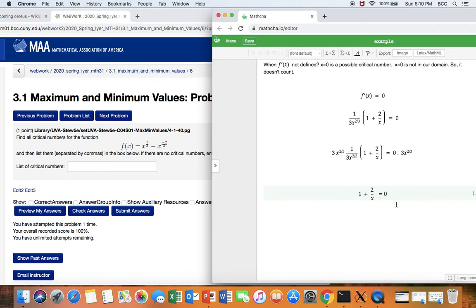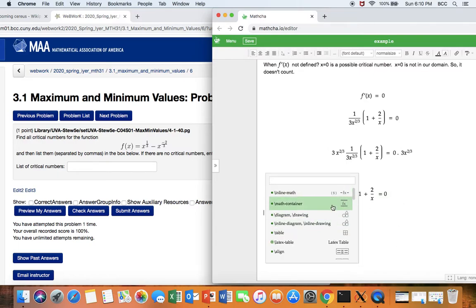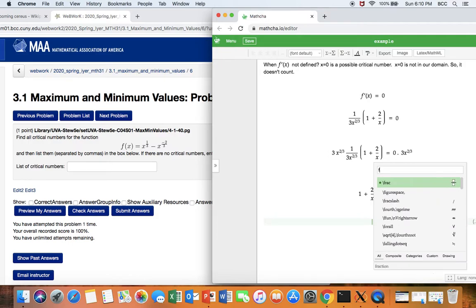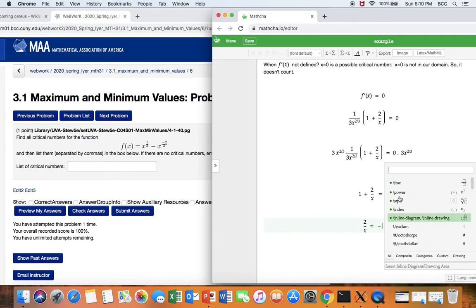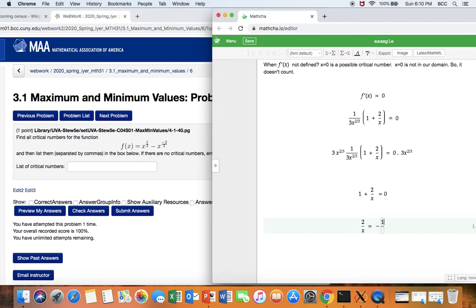So let me move the 1 to the other side. All I have left on the left hand side is 2 over x, and on the right hand side is -1. So I can think of -1 as a fraction, negative 1 over 1. You see that?